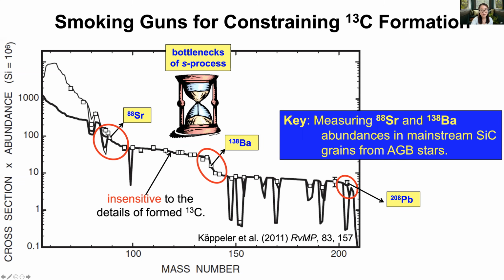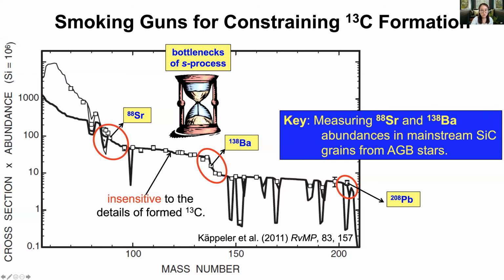On the other hand, as I pointed out earlier, we see the three steps here, because equilibrium is not established at these three points because of their extremely small neutron capture cross sections. So for instance, if the s-process starts with a higher neutron density flow, a higher fraction of neutrons would be trapped at the first bottleneck at strontium-88, resulting in an enhanced strontium-88 abundance.